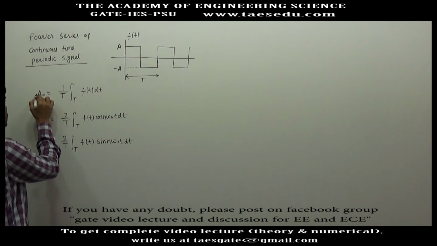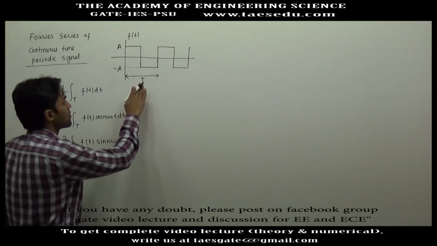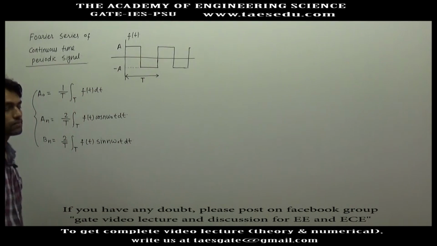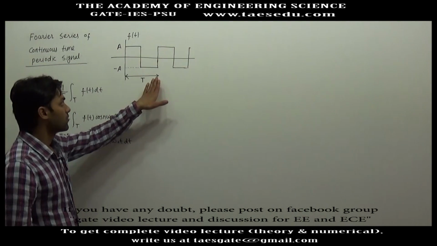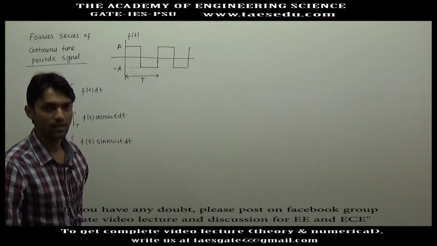Okay, so we have a formula for the coefficients, and let's say for this periodic square wave, we have to find the Fourier series, or we have to represent this signal in the form of sine and cos.